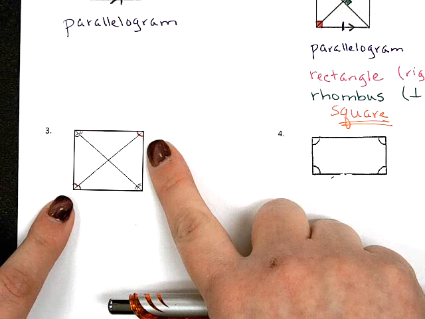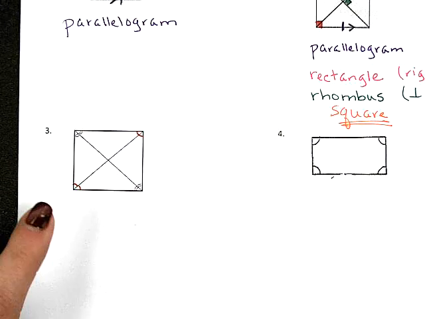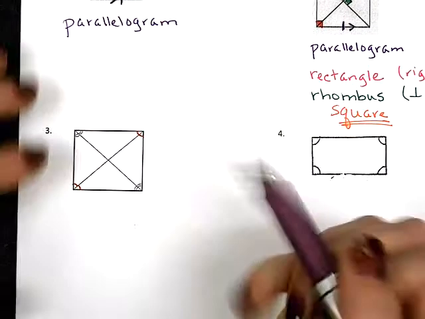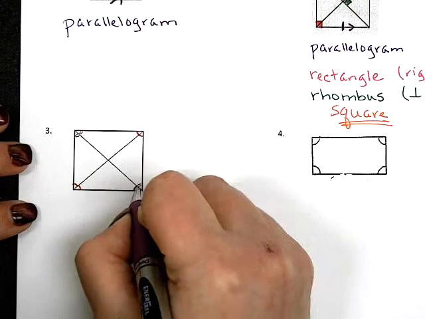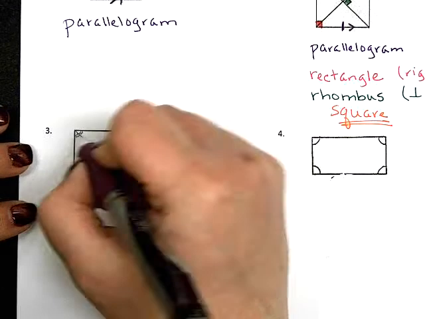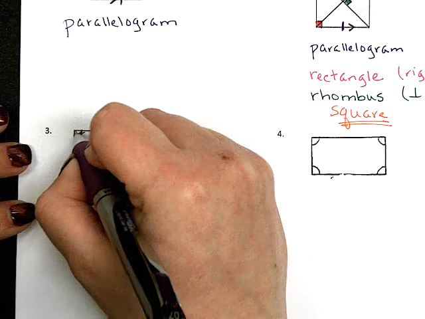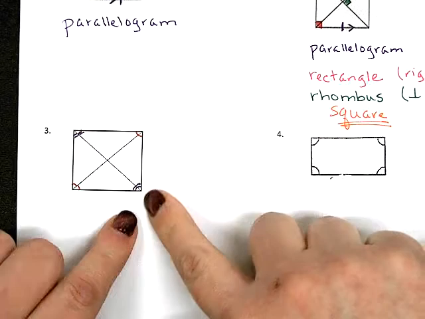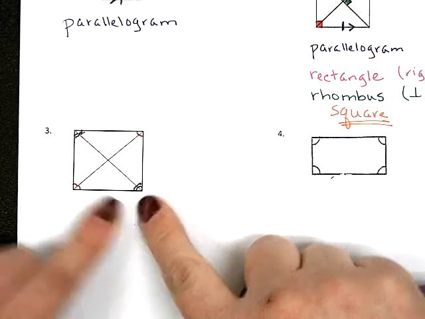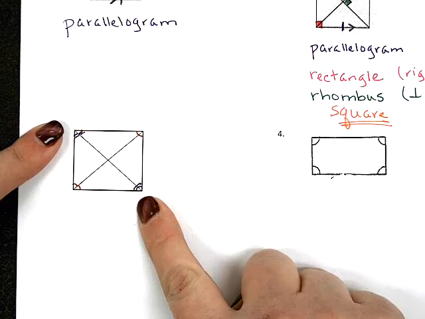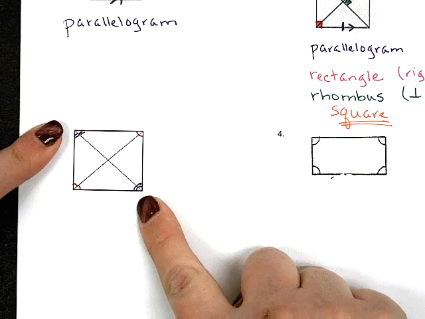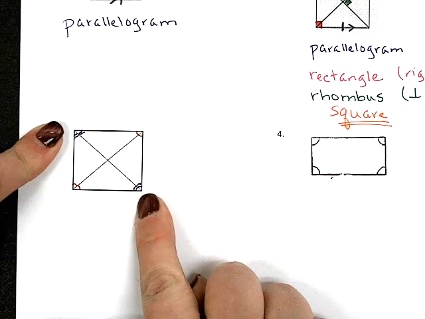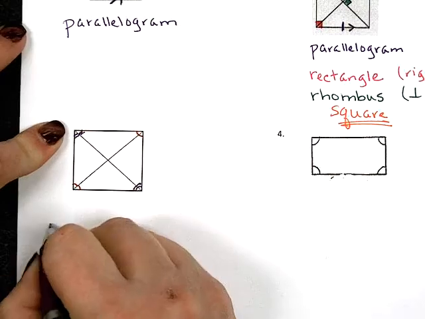So I'm thinking that might be important. And I also see that these ones both have 2 tick marks here and here, and 2 tick marks here and here, which means not only are the 2 little ones congruent, but the ones across from them are also congruent. So I can say that this is a parallelogram.